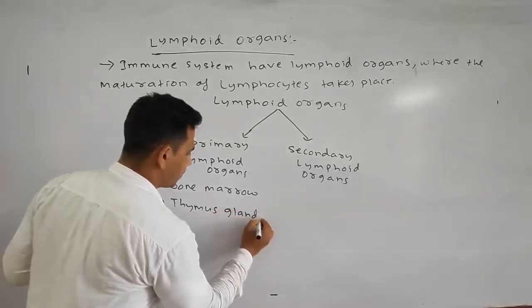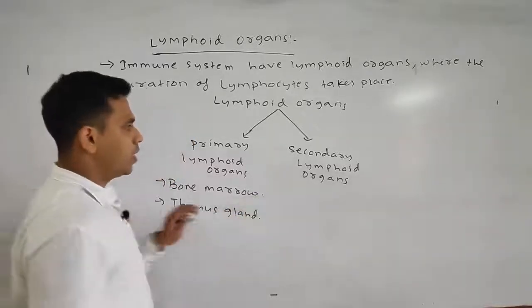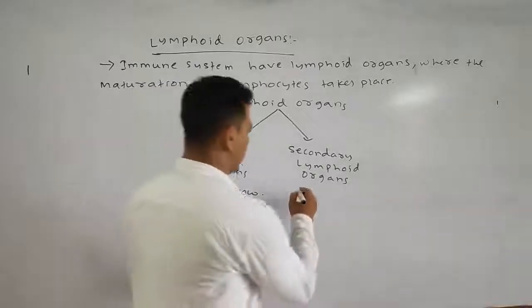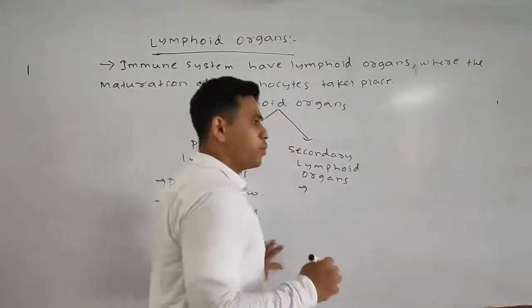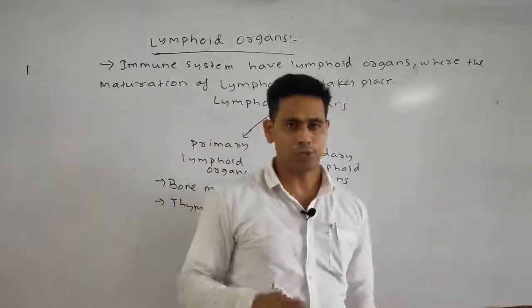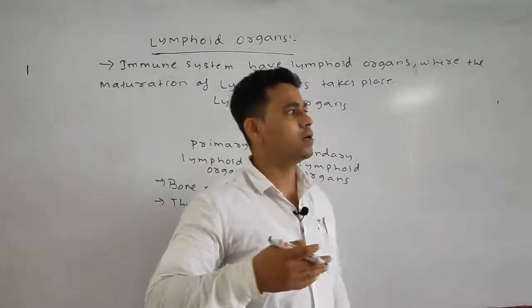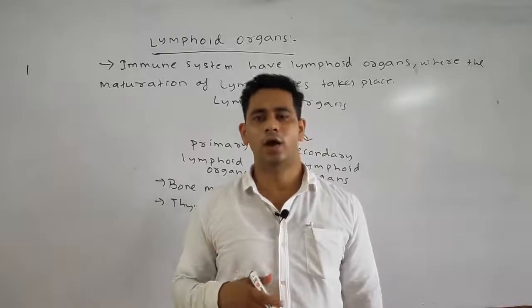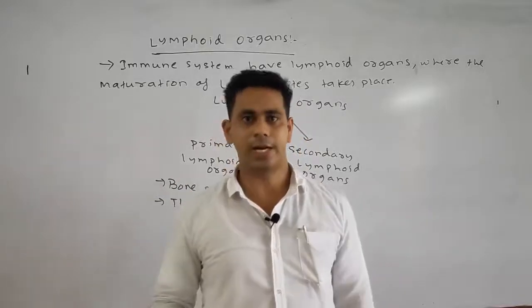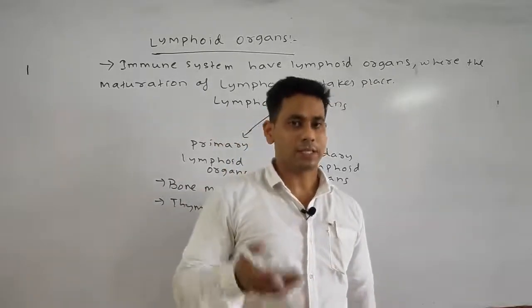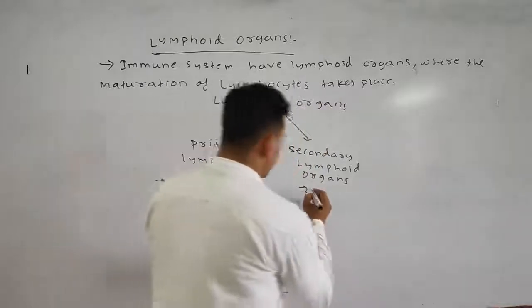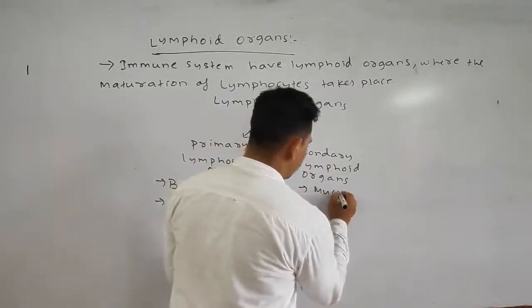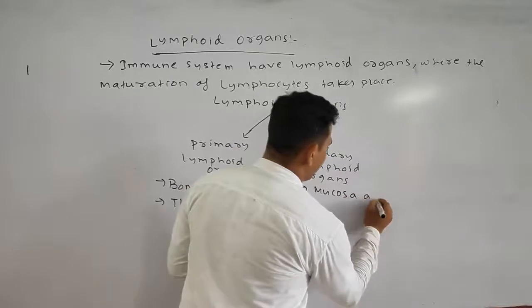Next, under the secondary lymphoid organs we can write the mucosa associated lymphoid tissue, or MALT, which is the internal lining of the urinary tract, the digestive tract, and the respiratory tract.